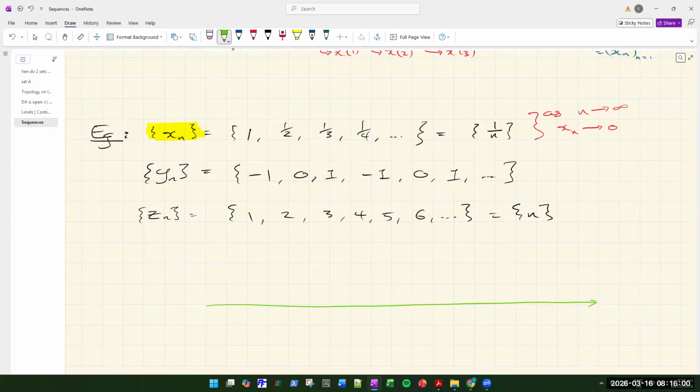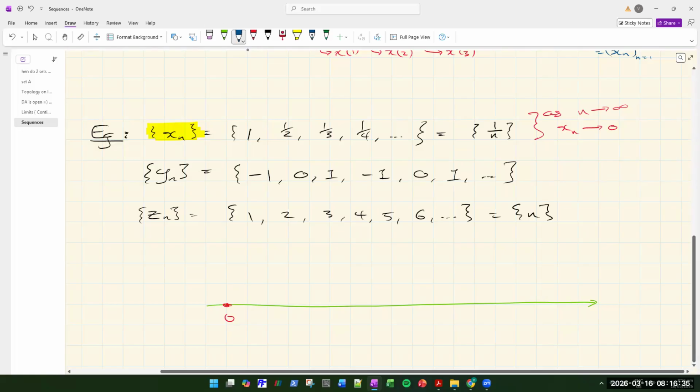So let's see if we could use a similar idea for limits and attach it to sequences to tell us when the terms of my sequence are converging to some number. So we'll use the same example, xn, and then we'll look at the general definition for convergence. Okay, so I'll put 0 all the way to the left, right? So this is 0, that's the value we suspect it's approaching.